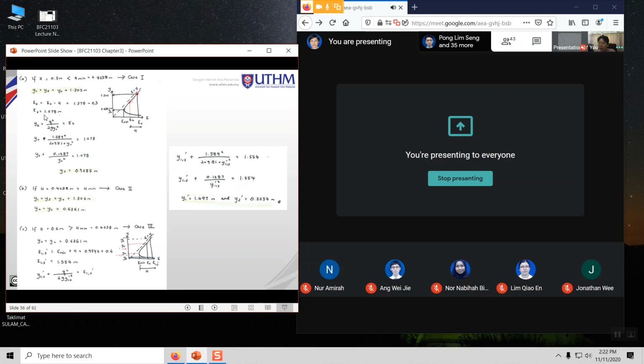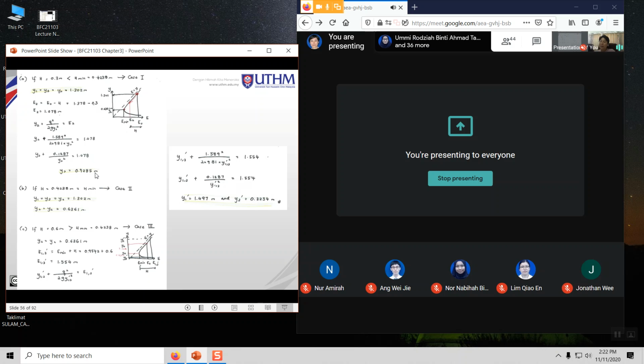Now, to get Y2, I'm going to substitute E2 and also my Q into the specific energy formula. So, substituting, I need to solve this formula, so I need to do trial and error. Using your calculator and solving it, you have Y2 equals to 0.9285 meter, right?